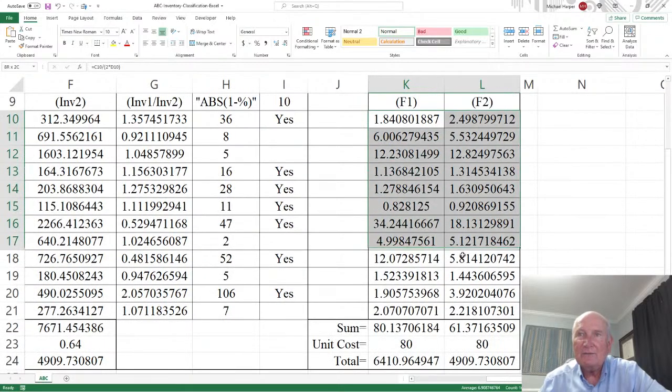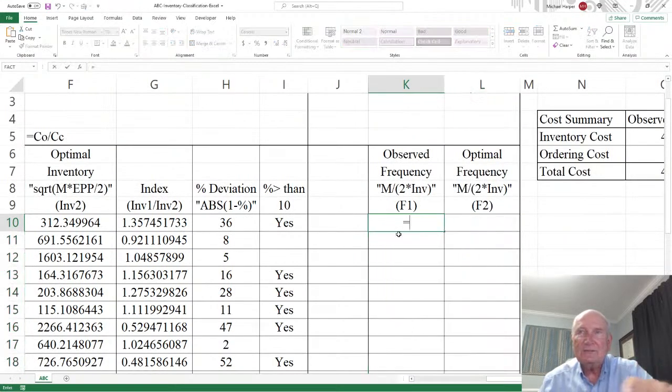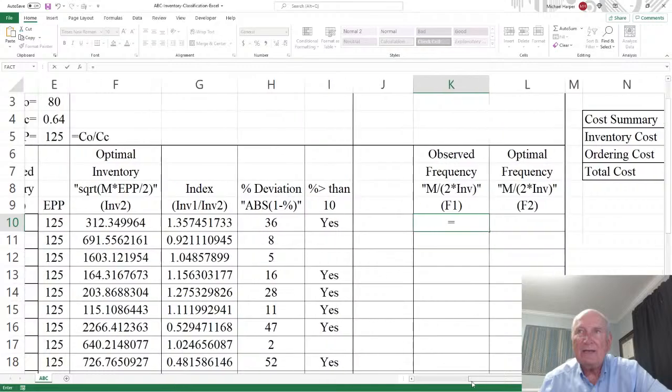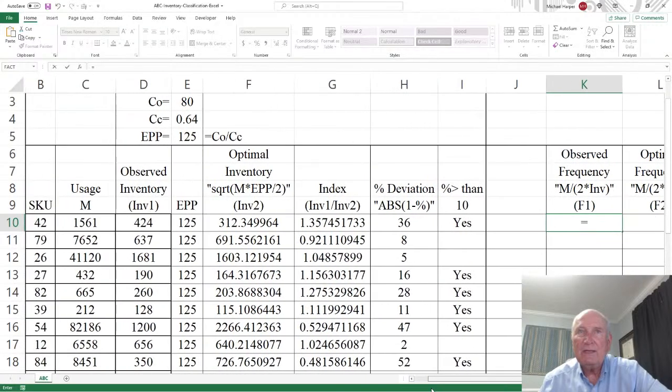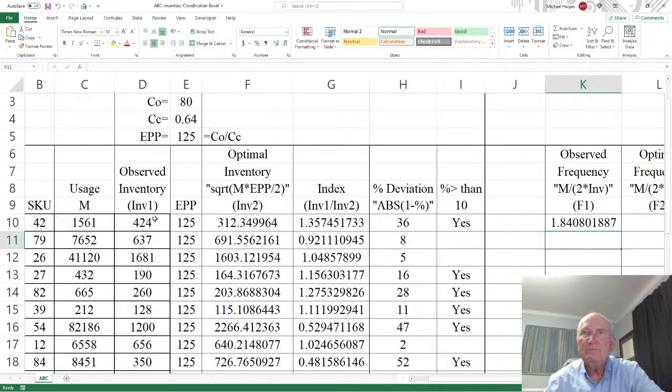So let's zero this out. I'll zero all of this out. So all this says is that's going to equal, let's come back here, equals my M divided by, open parenthesis, 2 times, and this is my observed average inventory, which is that, in parenthesis, return.